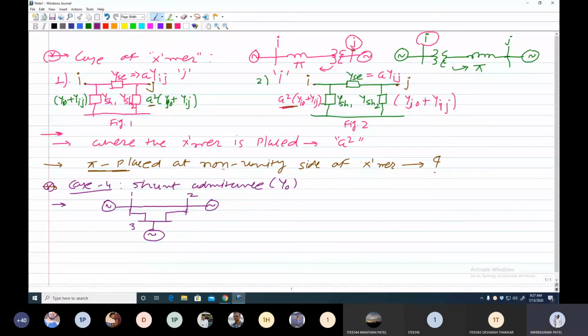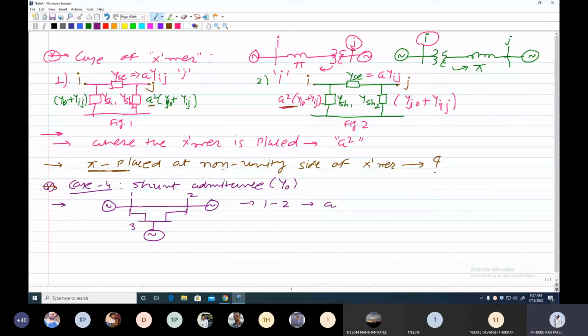It is given that the shunt admittance offered by transmission line 1-2 is A per unit.